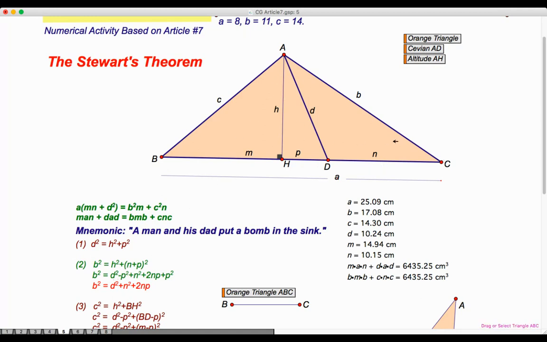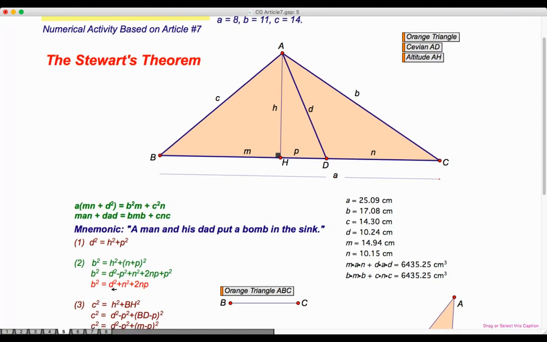So b squared is equal to h squared plus this whole segment, which is n plus p, squared. Simplify this to d squared minus p squared plus n squared plus 2np plus p squared. Cancel the p squared and the p squared. We end up with the following expression.